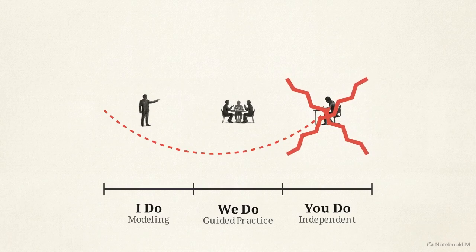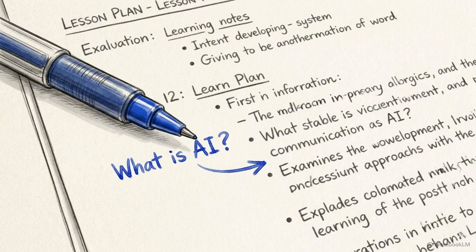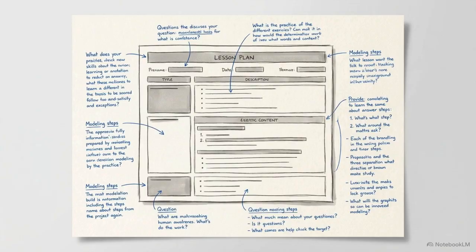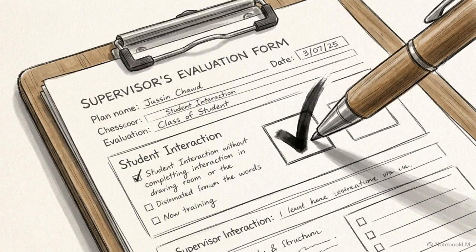Skipping straight to independent work leaves them confused and stalls the lesson's momentum. Physically writing your specific elicitation questions and modeling steps into the margins ensures you have a prompt for every phase of the activity. This reduces the risk of dead air and provides the specific interaction pattern supervisors look for.